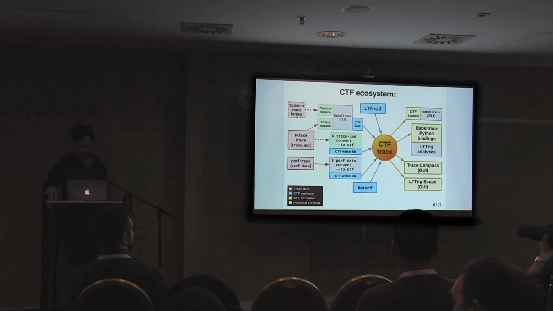Perf has a tool which can convert its own format to the CTF format through the CTF writer library. The CTF writer library is provided by the Babeltrace project. So if you build Perf with the specific option to include data conversion to CTF, and you have Babeltrace, you can go from the Perf trace to the CTF trace, and then once you have a CTF trace, you can use tools like Trace Compass and Babeltrace to read it and analyze it.